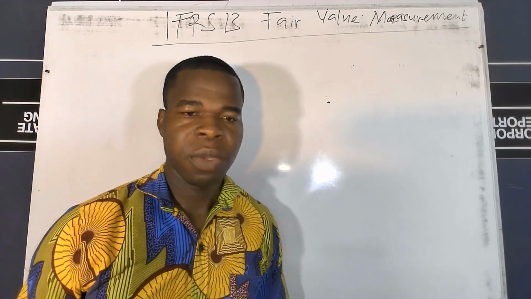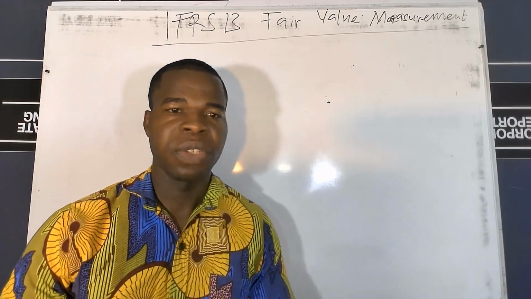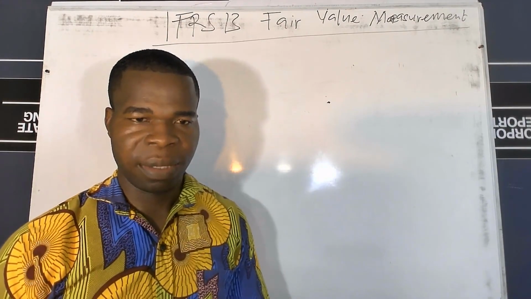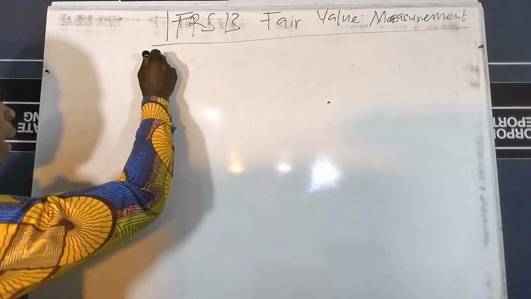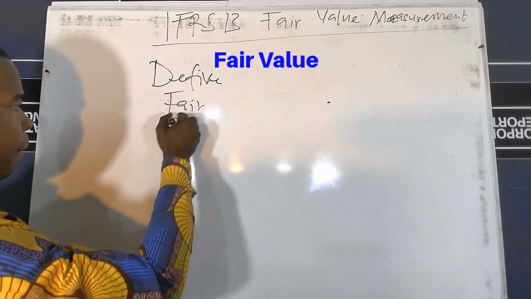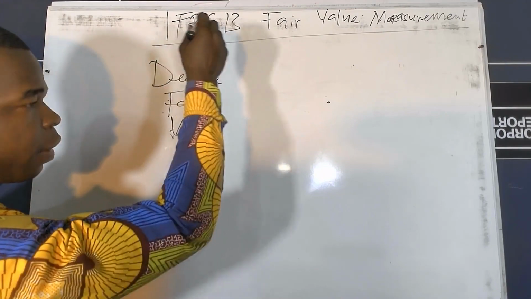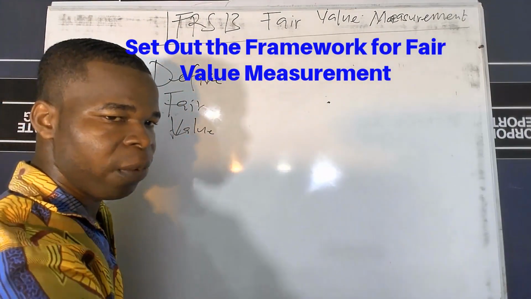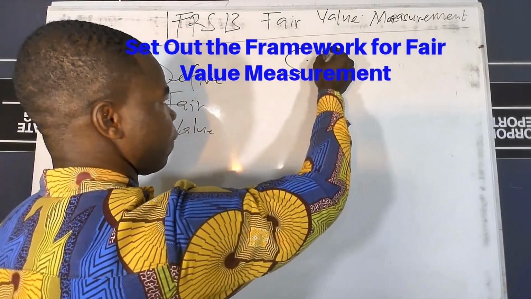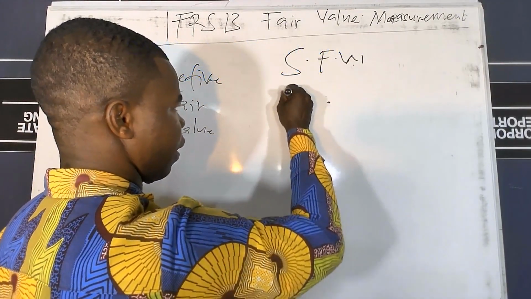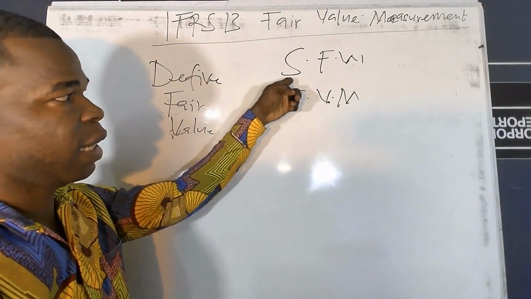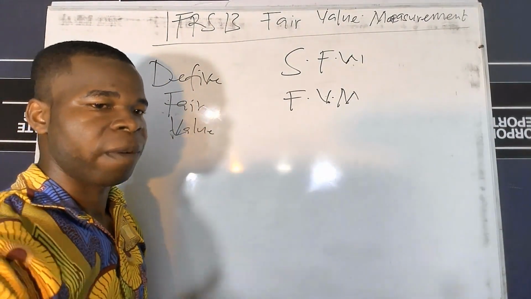Now, the purpose of IFRS 13 is to handle three things. First is to define what fair value is. Second is to set out the framework for fair value measurement. That is the second purpose of IFRS 13.